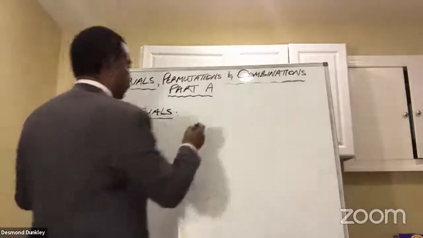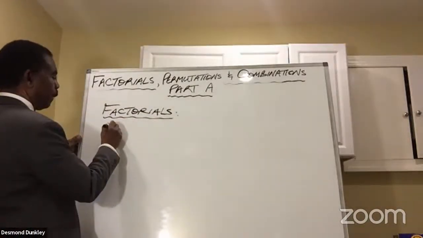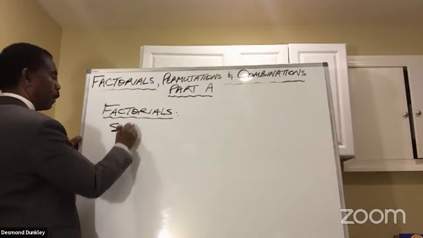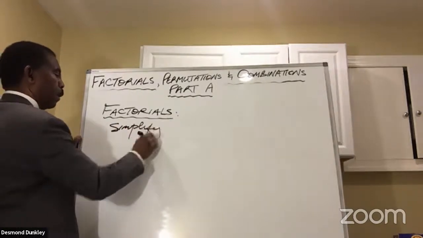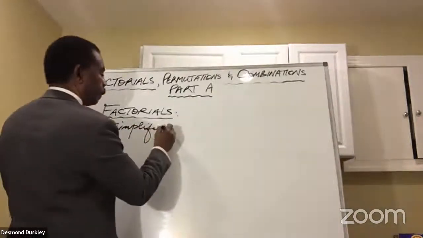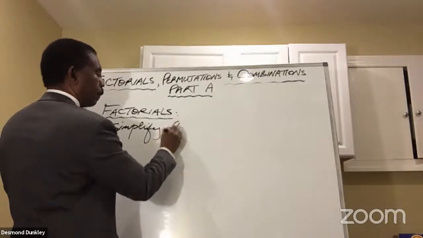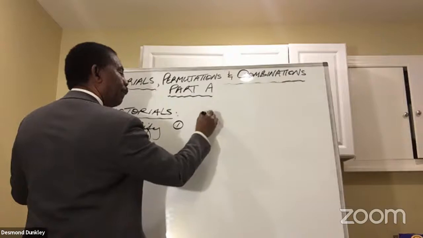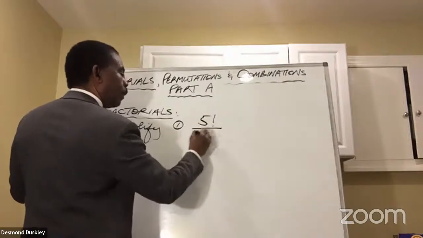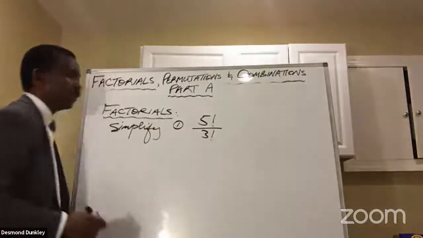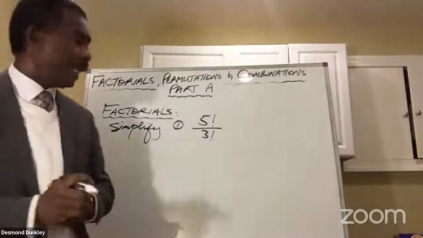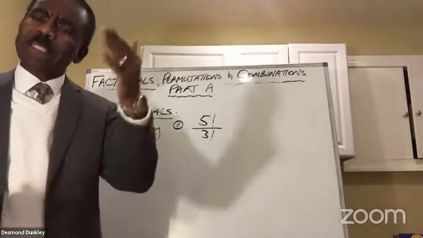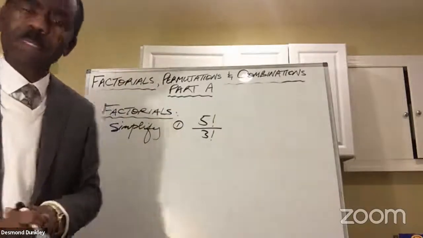If I ask you, simplify 5 factorial over 3 factorial. What is 5 factorial divided by 3 factorial?